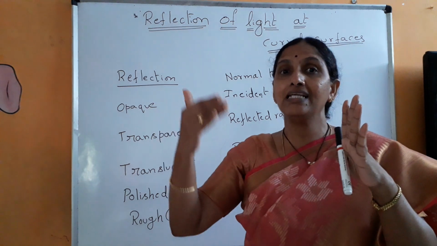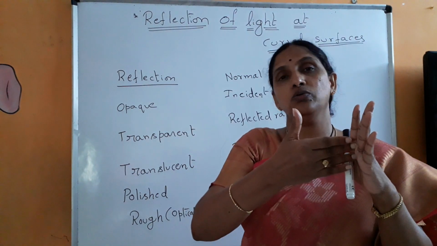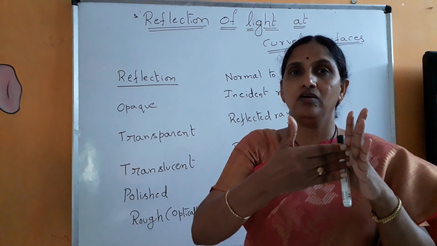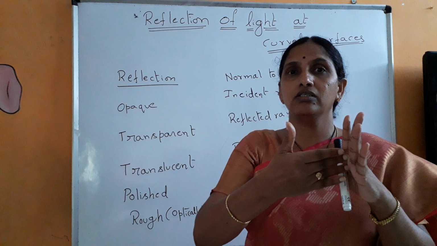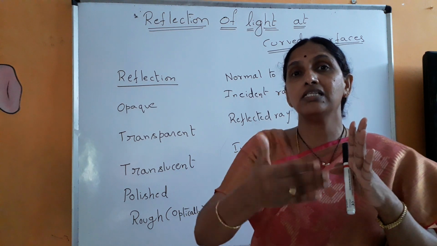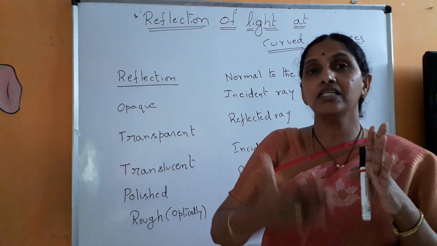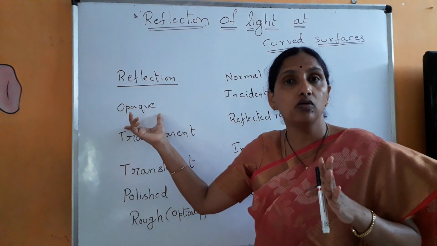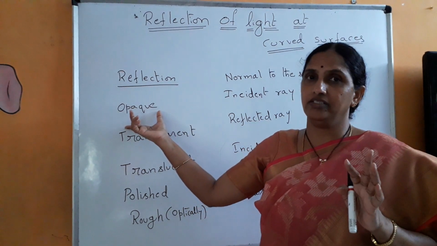That means light cannot penetrate through some surfaces or some bodies. So such material is called opaque material, or such a surface is called opaque surface.